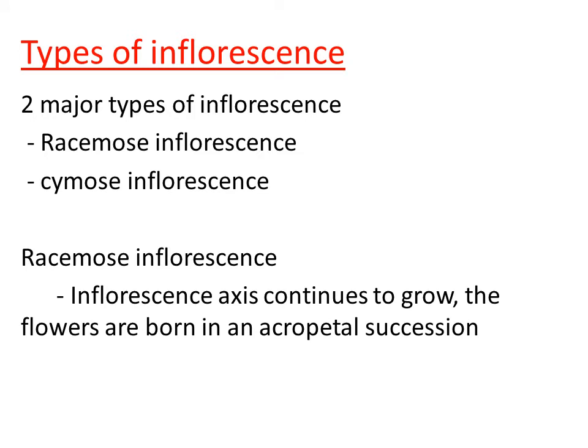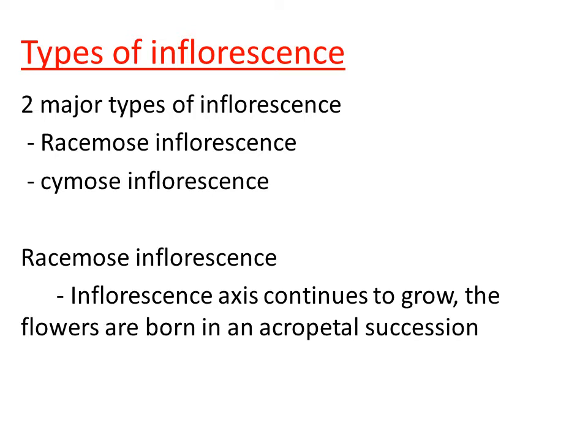So let us have a look at the definition. The inflorescence axis continues to grow. The inflorescence axis is nothing but one long axis that leads to the formation of flowers, right? In the case of racemose inflorescence, the inflorescence axis continues to grow. That means it keeps on adding flowers. The flowers are borne in an acropetal succession.